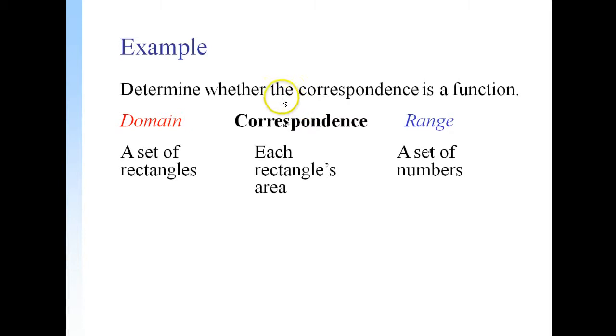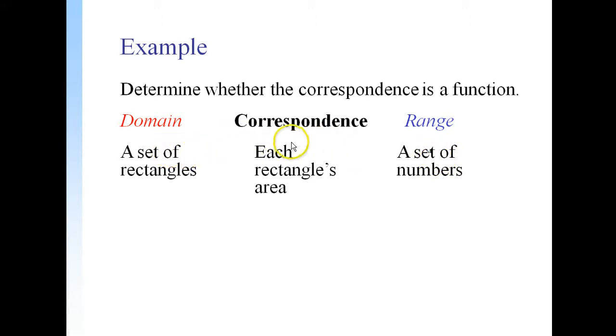Okay, now sometimes they get a little more complicated, but here we have a set of rectangles. Think of that as your X elements, your domain. And they correspond to a range of numbers that are the area of that rectangle.